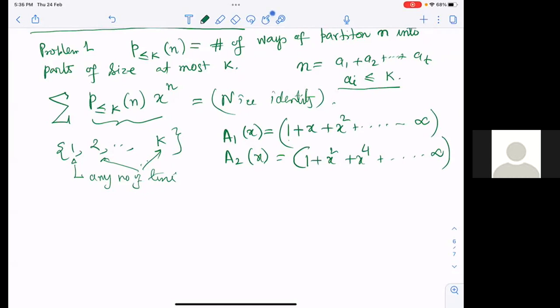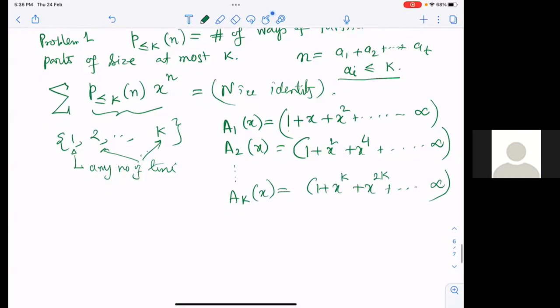You have used 2 twice, so that's the reason x^4 comes, and so on. And finally, ak(x) = 1 + x^k and so on. The same argument: the kth part you have used once, or never, or twice, and so on.